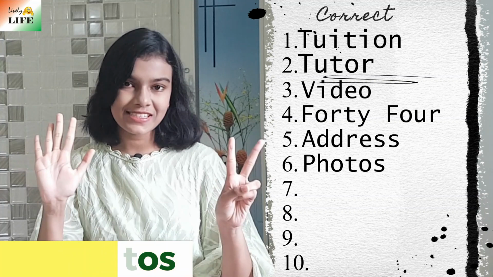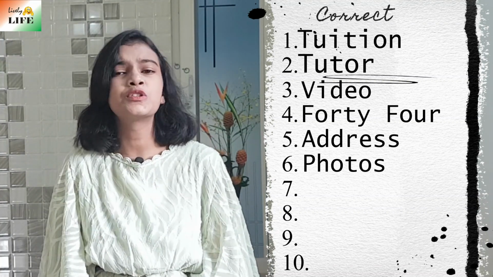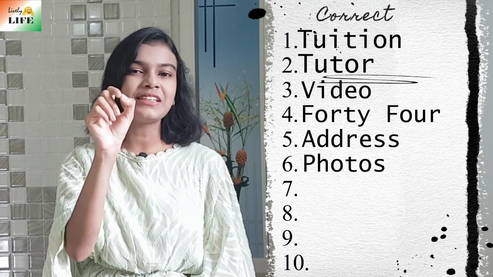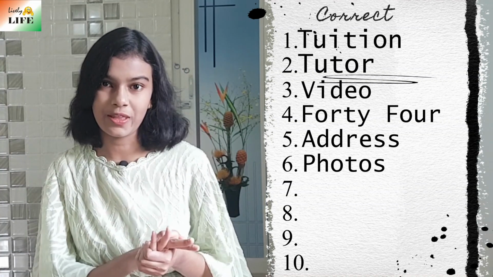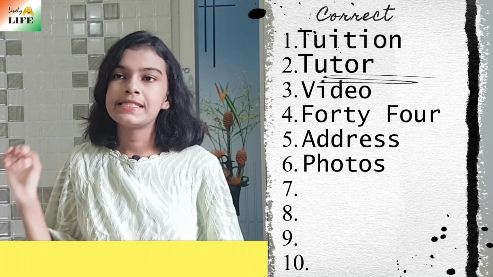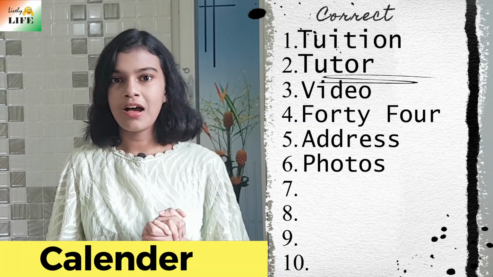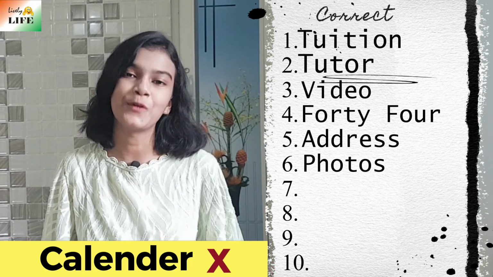Now let's move to the 7th one. Calendar. Calendar looks very simple and it is simple as well, but sometimes it might get confusing. It sometimes gets confusing for me as well. So what is the spelling of calendar? Is it C-A-L-E-N-D-E-R? Well, it sounds correct, but it is wrong.